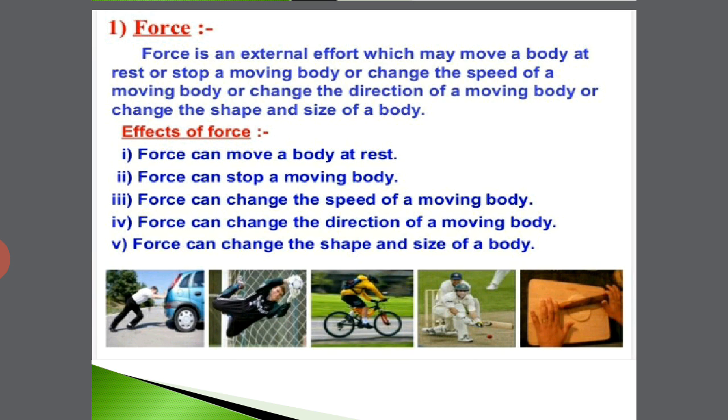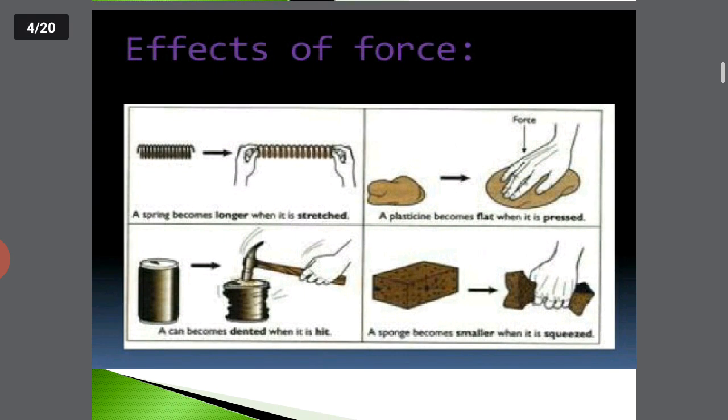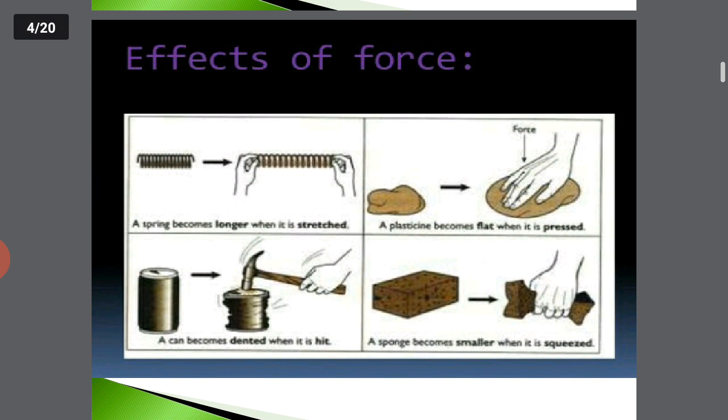Next, or last, is force can change the shape and size of a body. You can see in the very last segment, with the application of force, you can see the change in the size as well as in the shape of the dough while preparing the chapatis. Let's study something more about force. Effects of force you can also see in these pics.